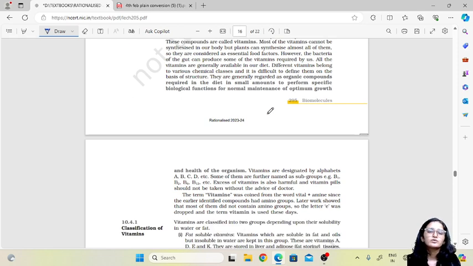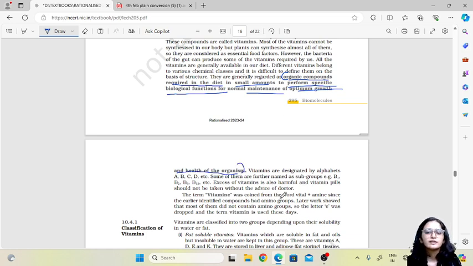Different vitamins belong to different chemical classes and are generally regarded as organic compounds required in the diet. Now this is a specific definition for vitamins: organic compounds required in the diet in small amounts to perform specific biological functions for normal maintenance of optimum growth and health of the organism.